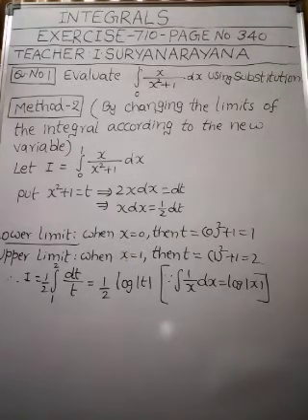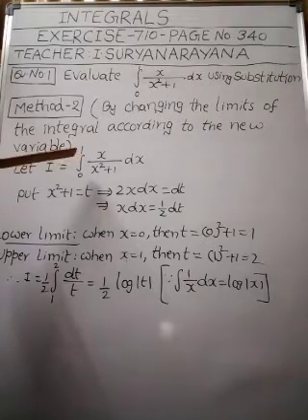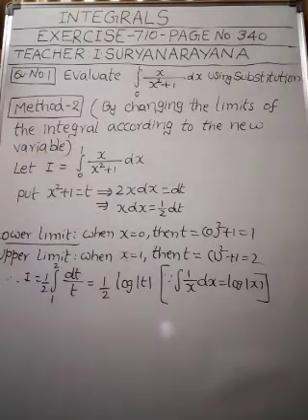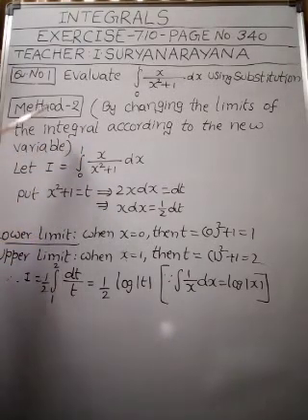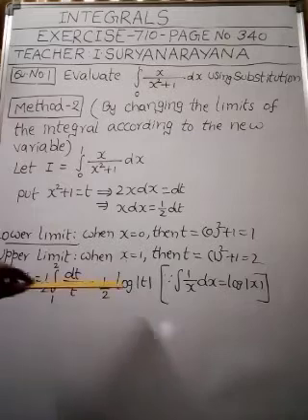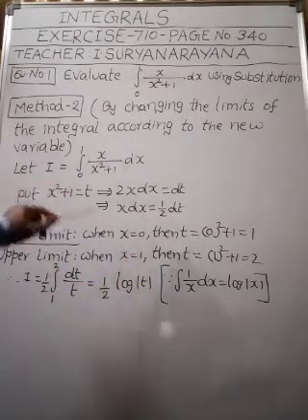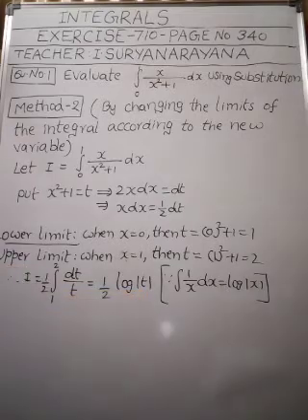Only the difference is, in the previous method we have not changed the limits. We converted the final answer into the original variable and we applied the limits. But here in this method we are changing the limits also. In this case, no need to write this answer in the original variable. Okay, my dear children.